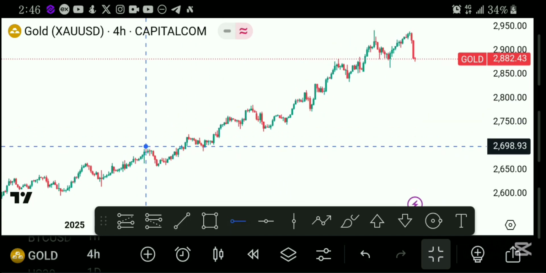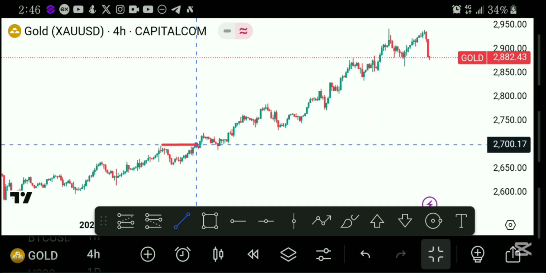higher highs, breaking structure to the upside.